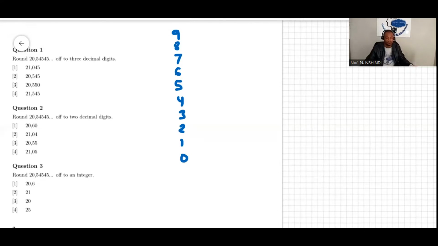For digits lesser than 5, meaning 0 to 4, we ignore everything after the decimal place.